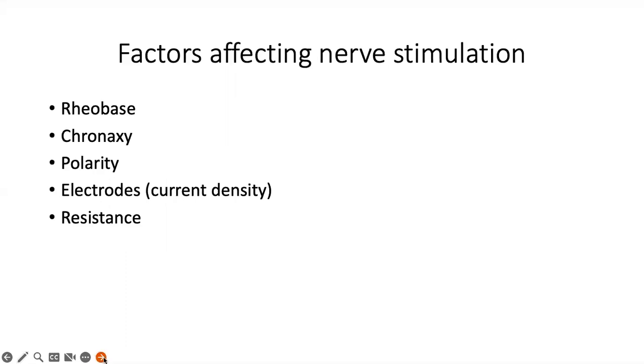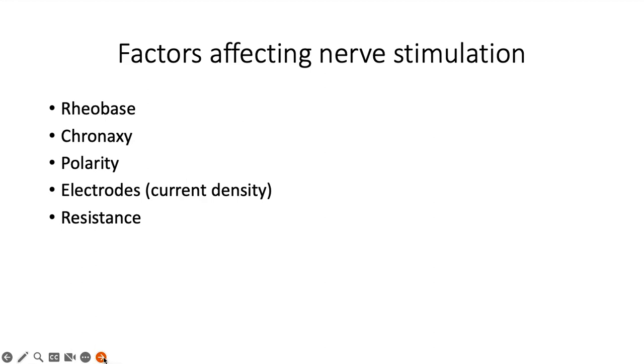There are certain factors that affect nerve stimulation. They are rheobase, chronaxie, polarity, electrodes, and resistance. I'll just touch a little bit on this. Rheobase is the minimum amount of current that is required to stimulate a nerve. If you don't use the amount of current that's required, you won't be able to stimulate that particular nerve.